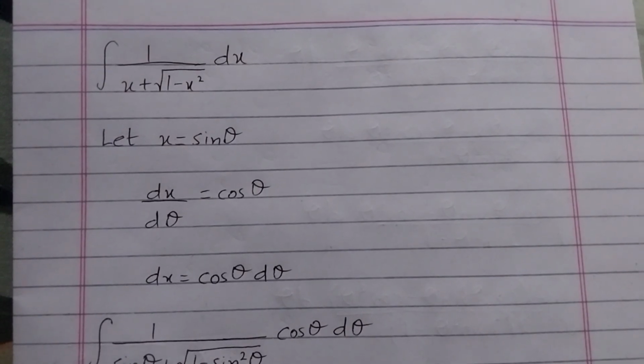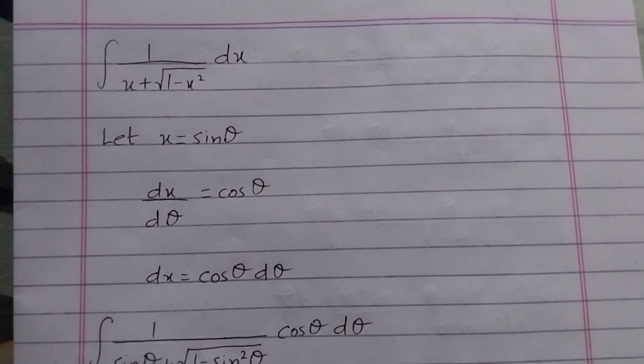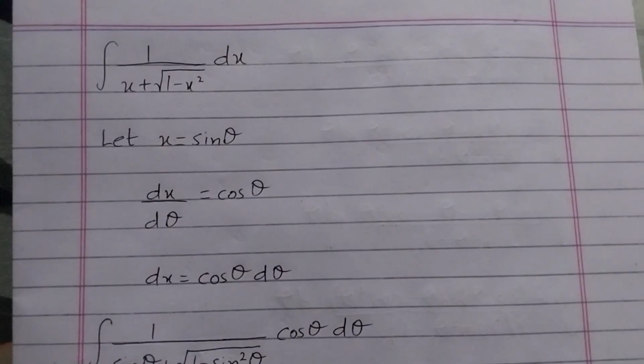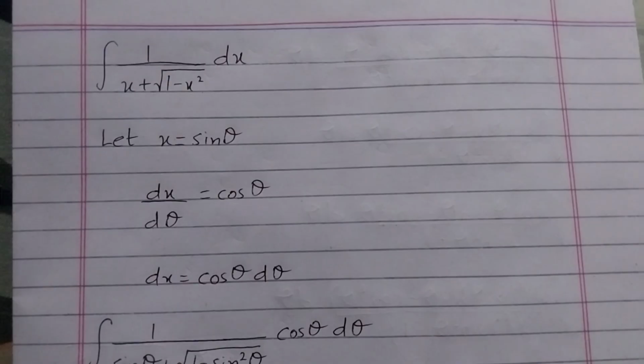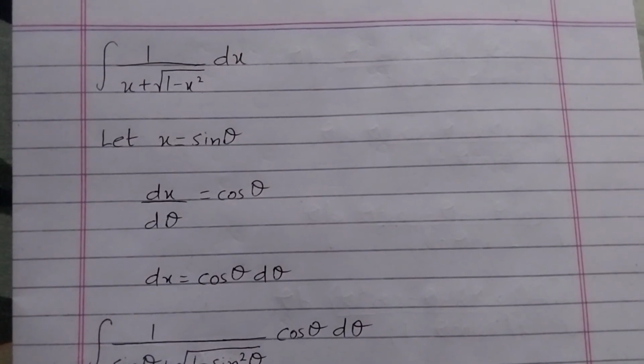And when I looked at this expression, square root of 1 minus x square, this comes in the derivative of sine inverse of x and cos inverse of x also.